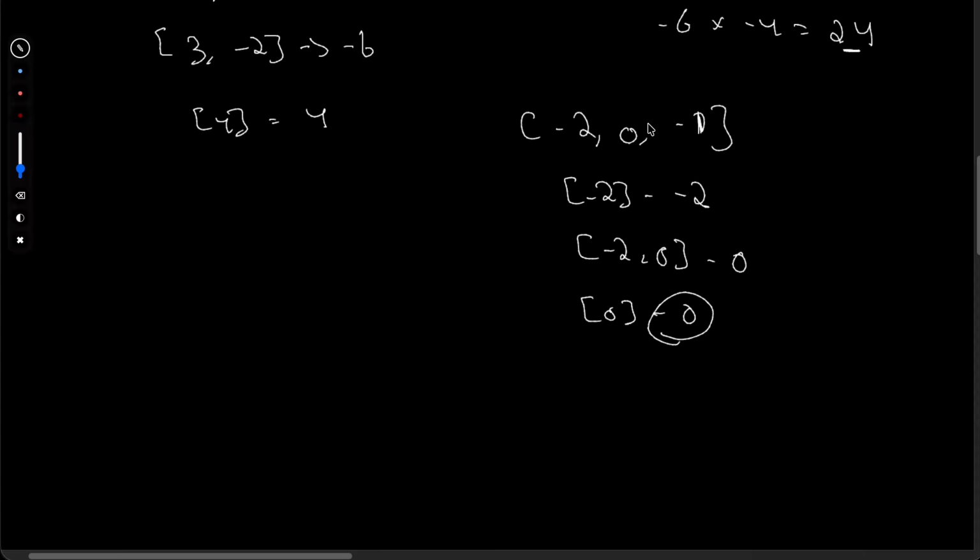In brute force we check every possible subarray, so the time complexity is big O of n square. That wastes time, so we use an optimized solution where we walk once through the array, with time complexity big O of n.